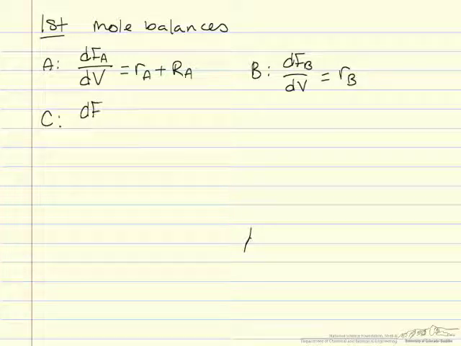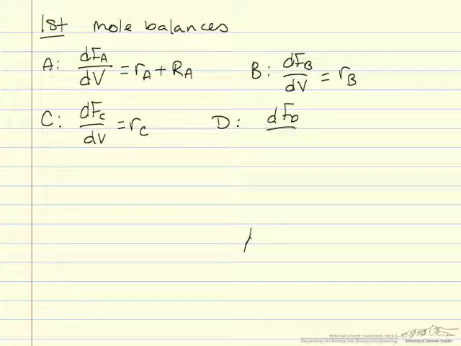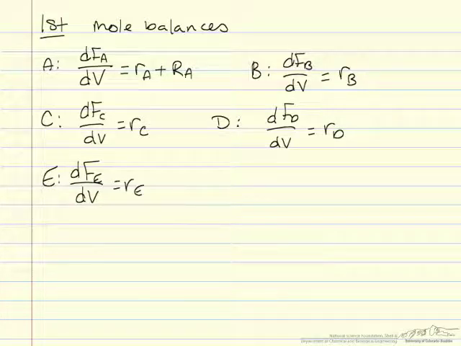C is going to be dFC/dV is equal to rC. And then something very similar for both the product D and the product E. So these will be our differential equations that we're going to put into POLYMATH to help us solve this problem.